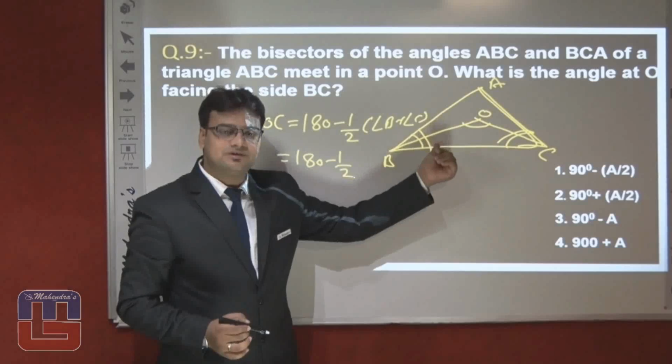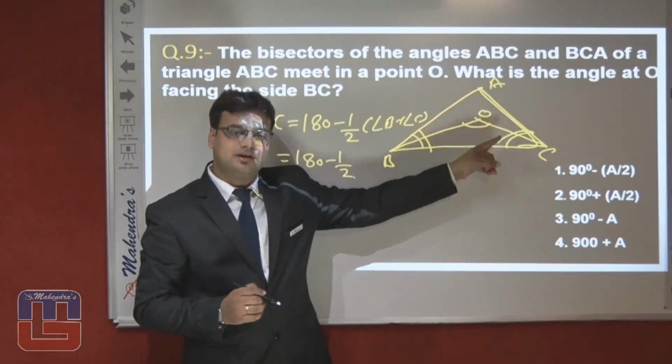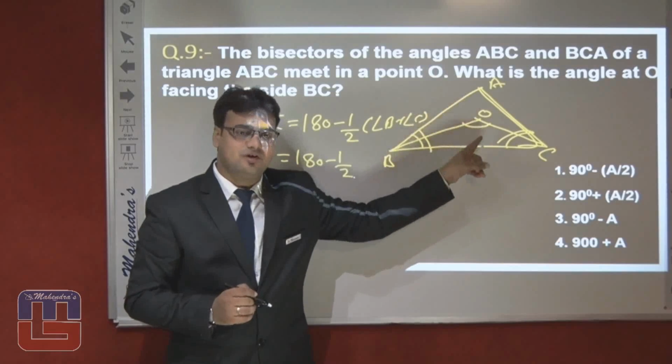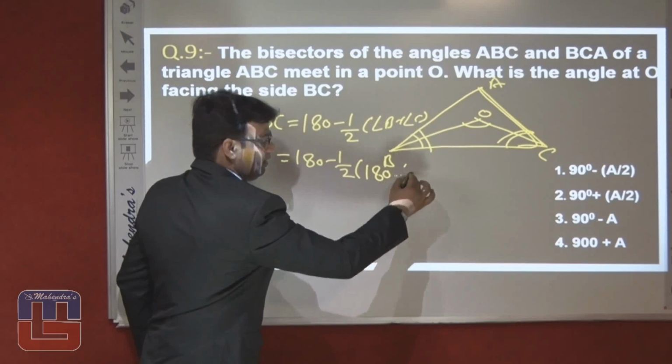In place of B plus C we write 180 minus A, because the sum of the internal angles of triangle ABC is also 180.